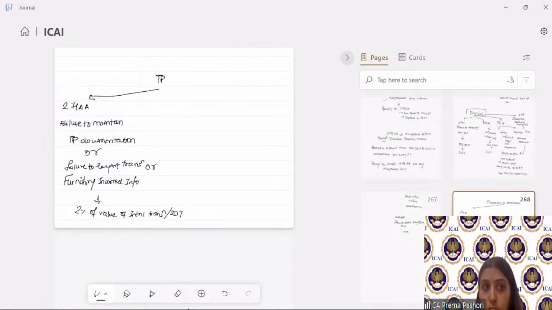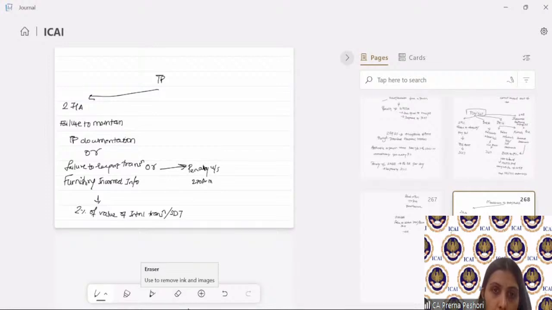So in this case, failure to report the transaction will not only attract penalty under 271AA, this is in addition to 270A, plus there will be a penalty under section 270A for misreporting of income.